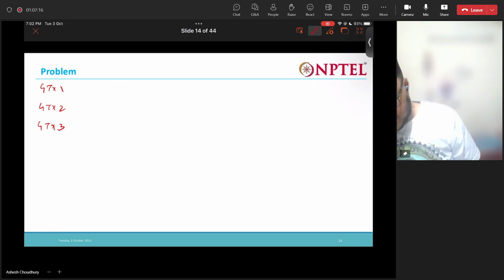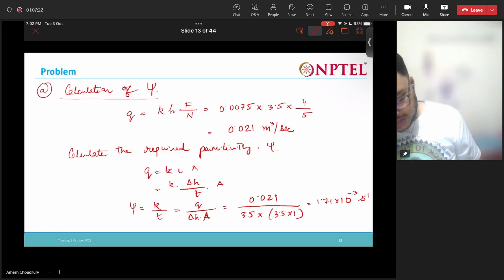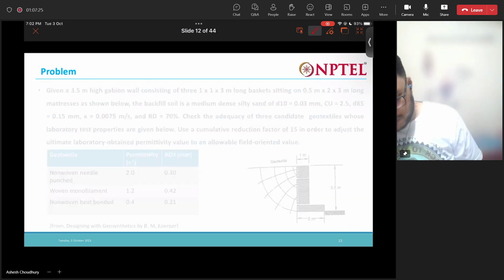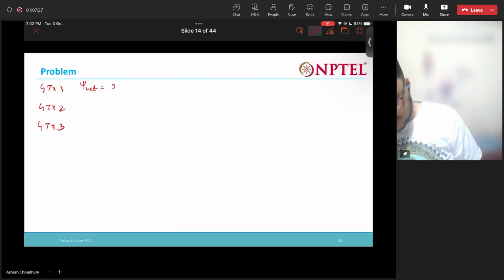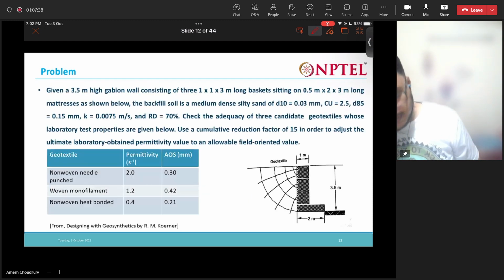What are the ultimate values? Ultimate for the first one is 2, then 1.2, and 0.4.